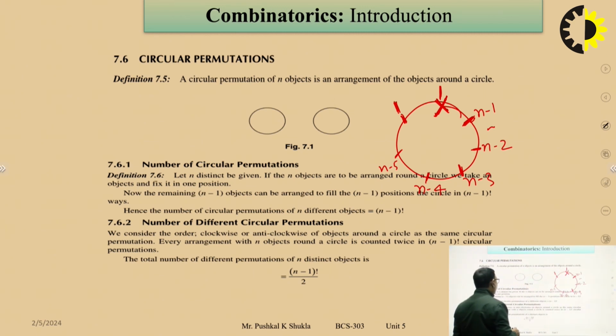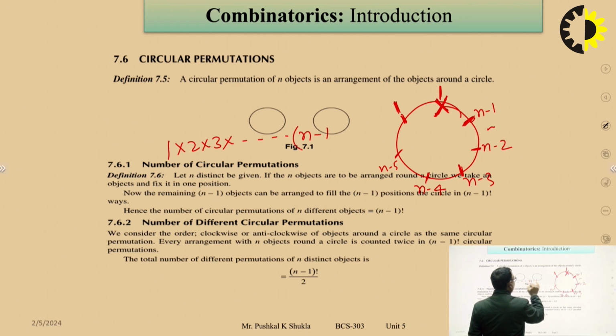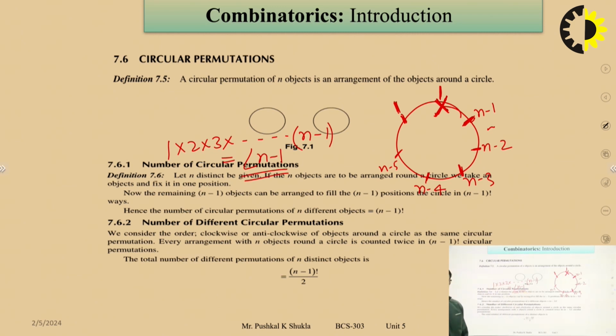So what we get is 1 into 2 into 3 into dot dot dot n minus 1. So the total number of permutations in this case will be factorial n minus 1. So n objects can be arranged in a circular permutation in factorial n minus 1 ways.